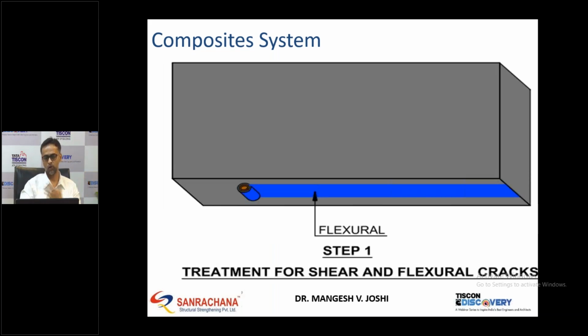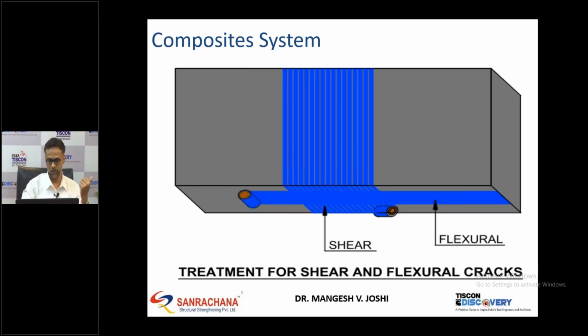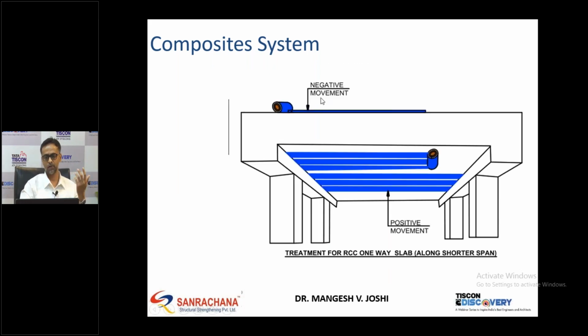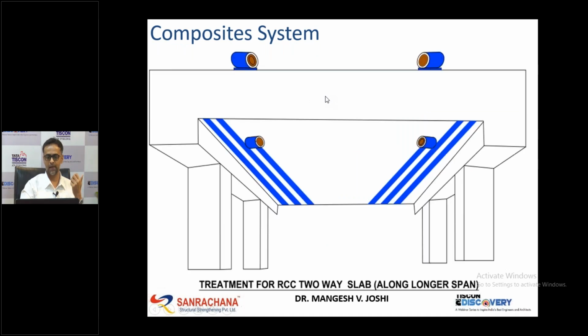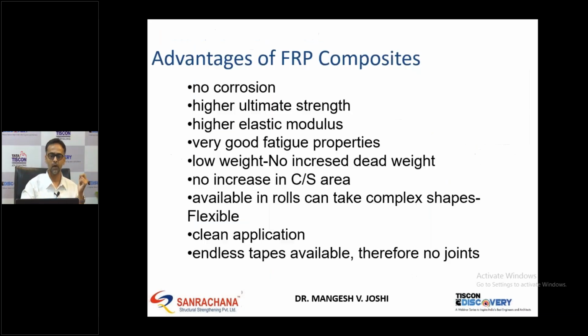For a beam, we can go for a flexural wrap, again a shear wrap, and if required, both flexure and shear. For a one-way slab, we can wrap in the one-way direction. For negative moment, we can wrap it from the top. And for a two-way slab, we can wrap in both directions to take care of bending in both directions.